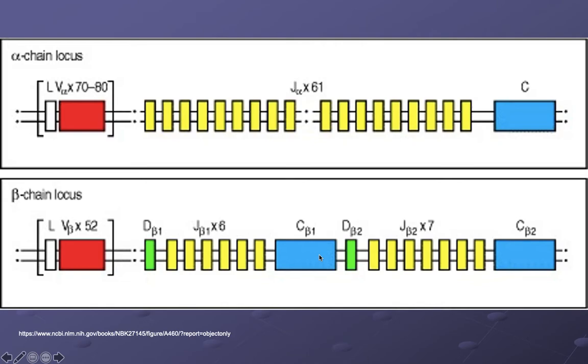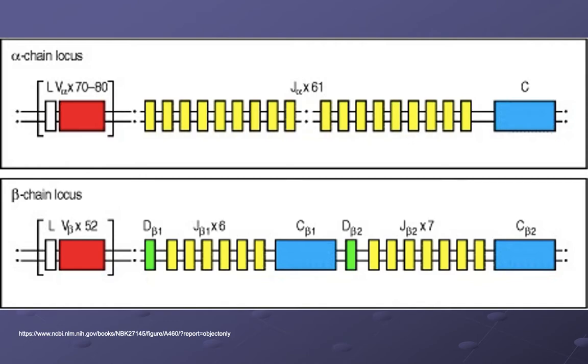Okay, so here we can see both loci, the alpha chain locus and the beta chain locus. The TCR alpha chain locus, found on chromosome number 14, consists of about 70 to 80 variable alpha gene segments, and each of them is preceded by an exon encoding the leader sequence.